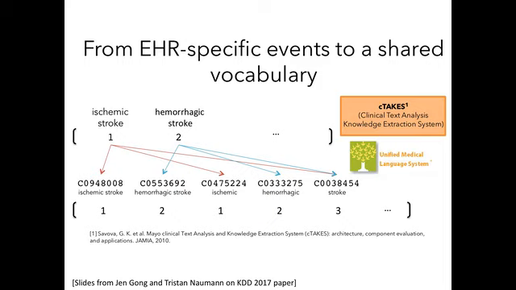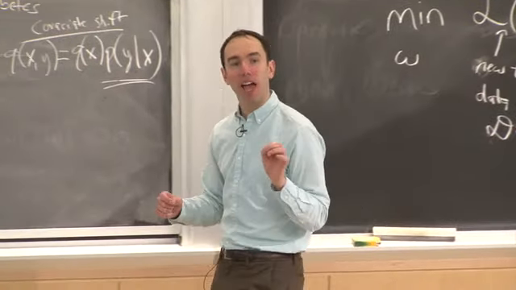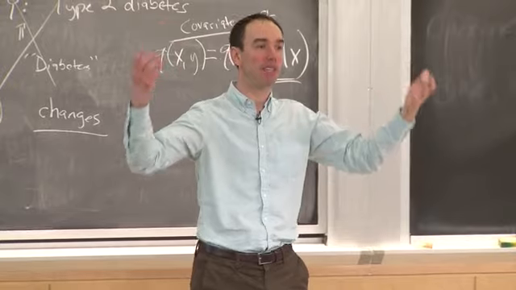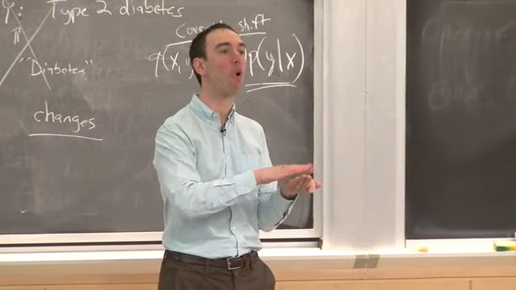So this is just general stroke, and it could be multiple different types of strokes. And the hope is that even if some of these more specific ones don't show up in the new institution's data, perhaps some of the more general concepts do show up there. And then you're going to learn your model now on this expanded, translated vocabulary. And at the new institution, you'll also be using that same common data model, and that way one hopes to have much more overlap in your feature set.